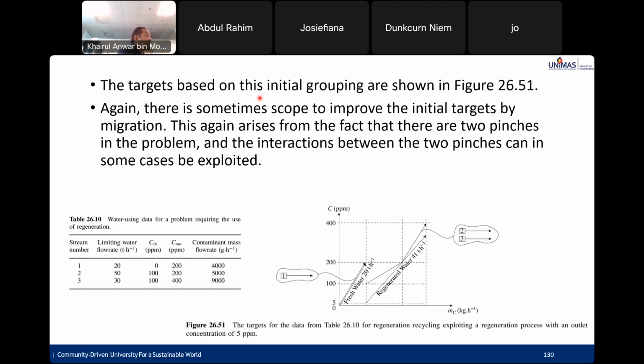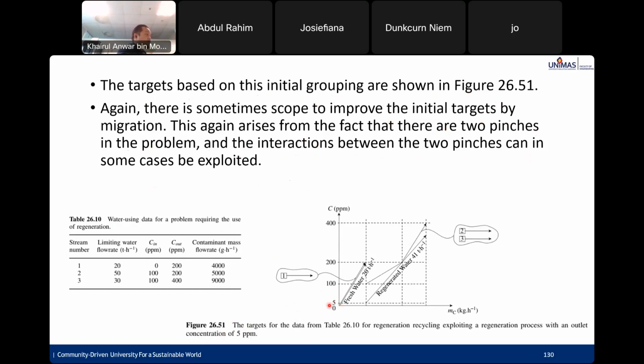The target based on this initial grouping is shown in figure 26.51. Again, there is sometimes scope to improve the initial target by migration. This again arises from the fact that there are two pinches in the problem, and the interaction between these two pinches can, in some cases, be exploited.